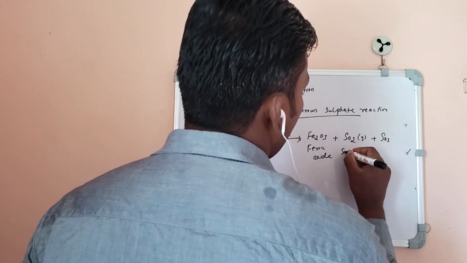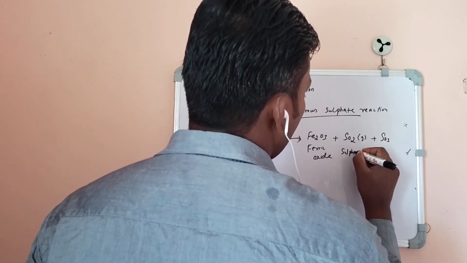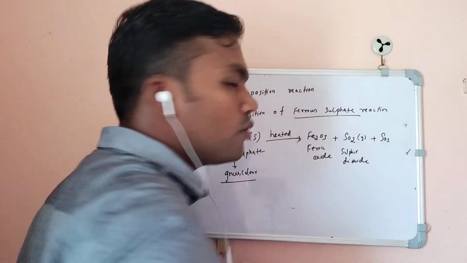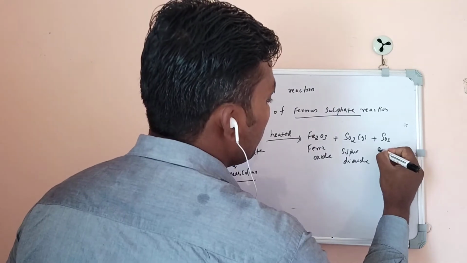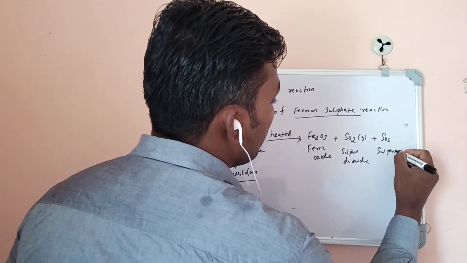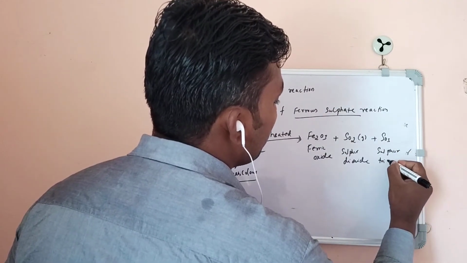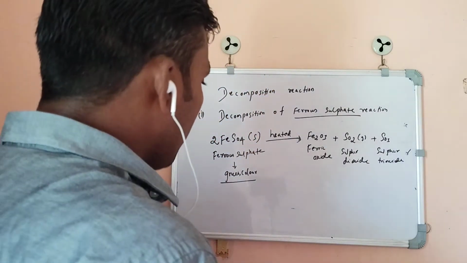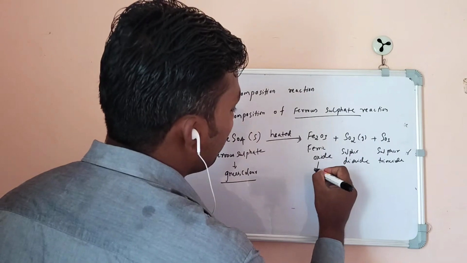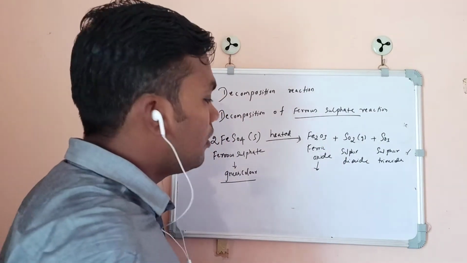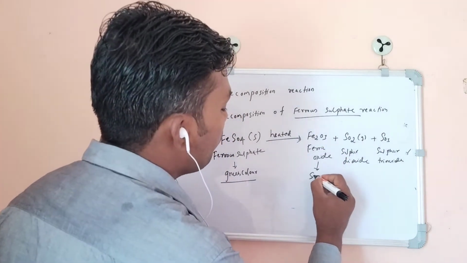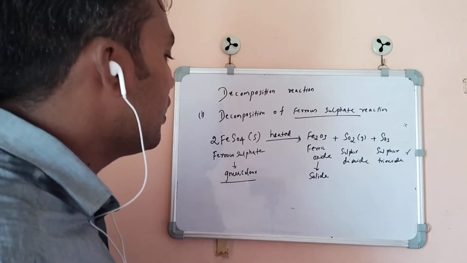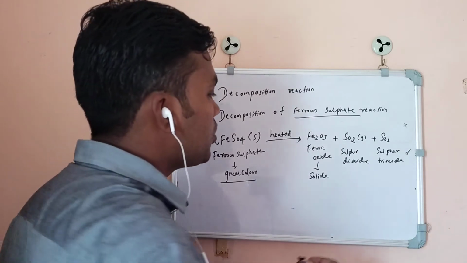SO2 is sulfur dioxide, and SO3 is sulfur trioxide. The ferric oxide is the solid form, which you can see in the test tube.